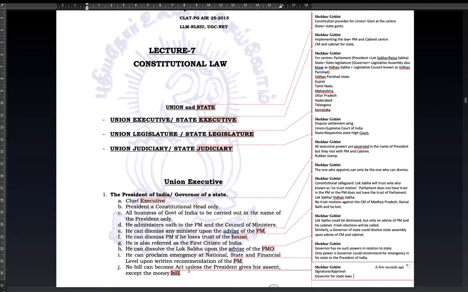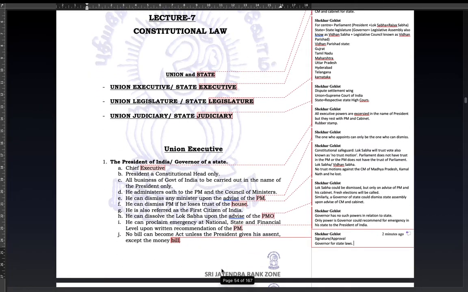See, the issue is no bill can become act unless president gives his assent. In regular bills, president may say, no, I do not approve this particular bill. But in the case of money bill, when it has been passed by the Lok Sabha and Rajya Sabha, the President has no power. President has to give his approval, and he is bound.